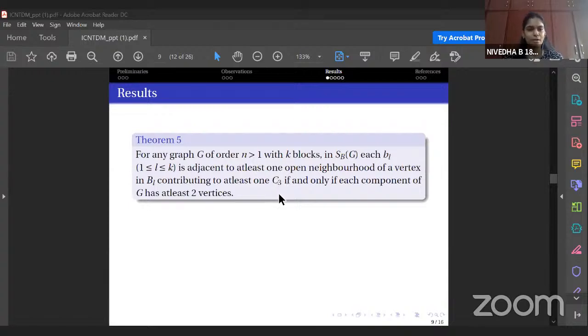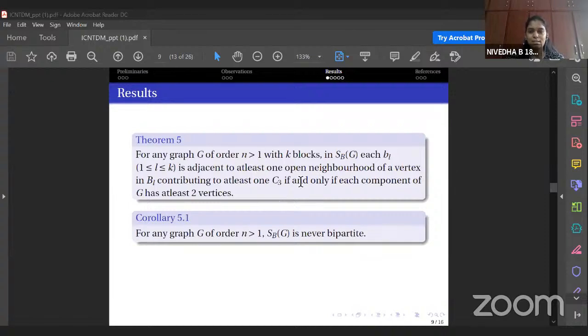So from this, what we can say is that every SB of G has C3 for each B_L. We know the characterization for a graph to be bipartite: any graph is said to be bipartite if and only if it has no odd cycle. But from the theorem, we know that every SB of G, when n is greater than 1, has C3, and C3 is an odd cycle.